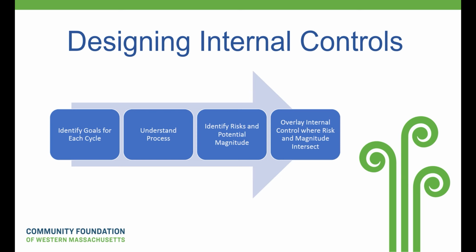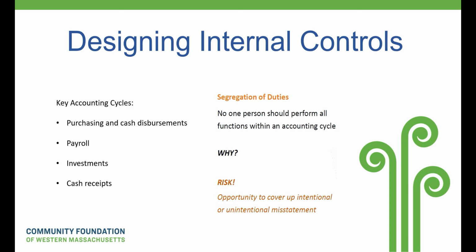So just to give an example, my favorite one to use is always payroll. If Shannon is the only person who's touching payroll from start to finish, then how do we know that there are good controls in place, that Shannon's being paid the right amount and Shannon's paying everybody else the right amount and that it's going to the right bank account and all of those sorts of things?